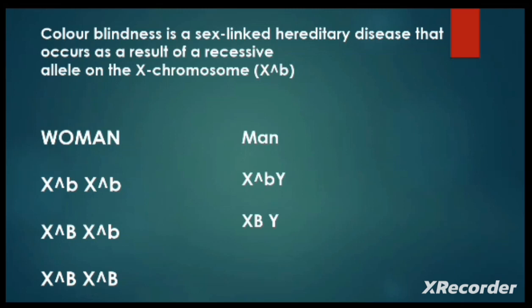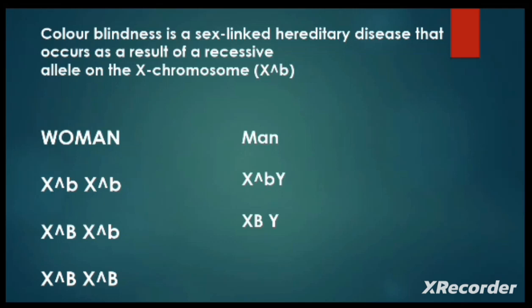Now let's go on the side of women. A woman who is affected needs 2 recessive alleles on the X's for her to be affected by the disease. So the first X would have an exponent of small b, the second X would also have an exponent of small b for her to be affected.